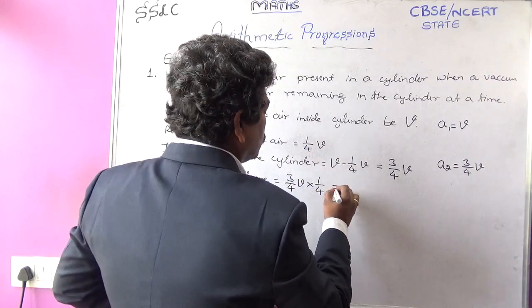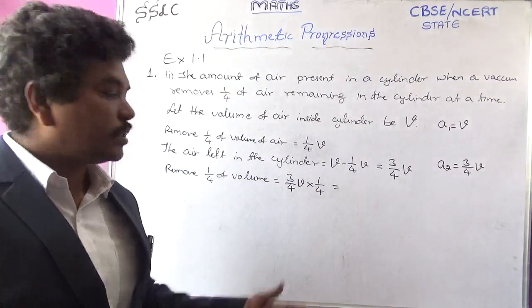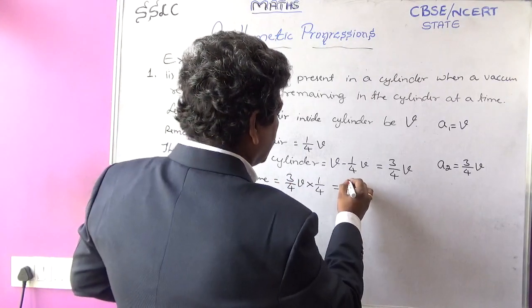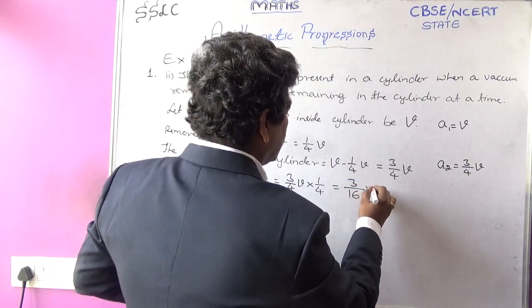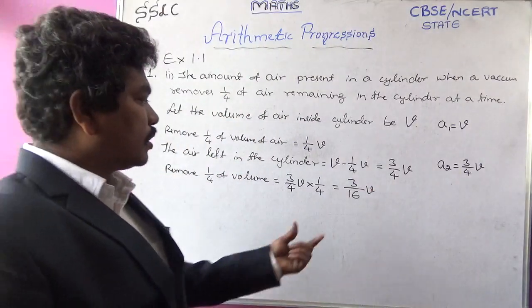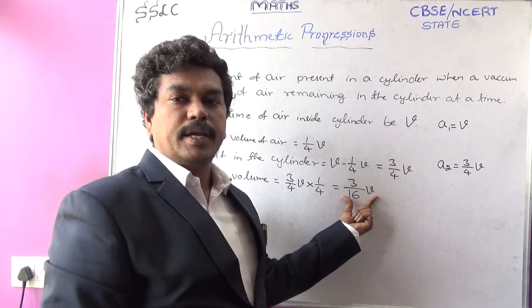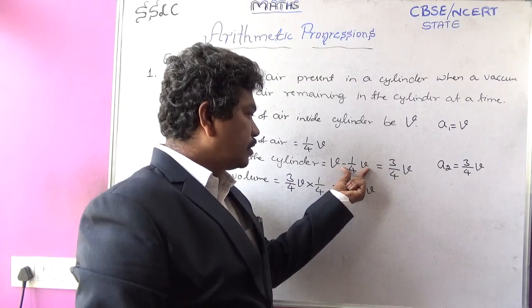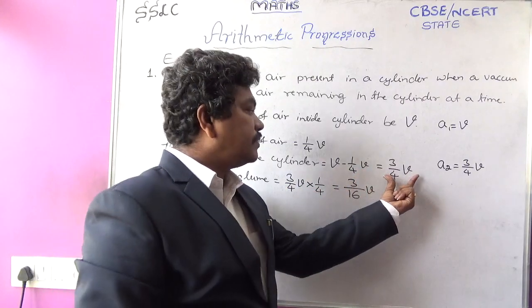So how can you find this? 1/4 of this one becomes, you observe here, 3 divided by 16 V that we have to remove in the second time. Second time we have to remove this much volume of air from that one. So in the first time we remove 1/4, and in the second time 1/4 of this much.